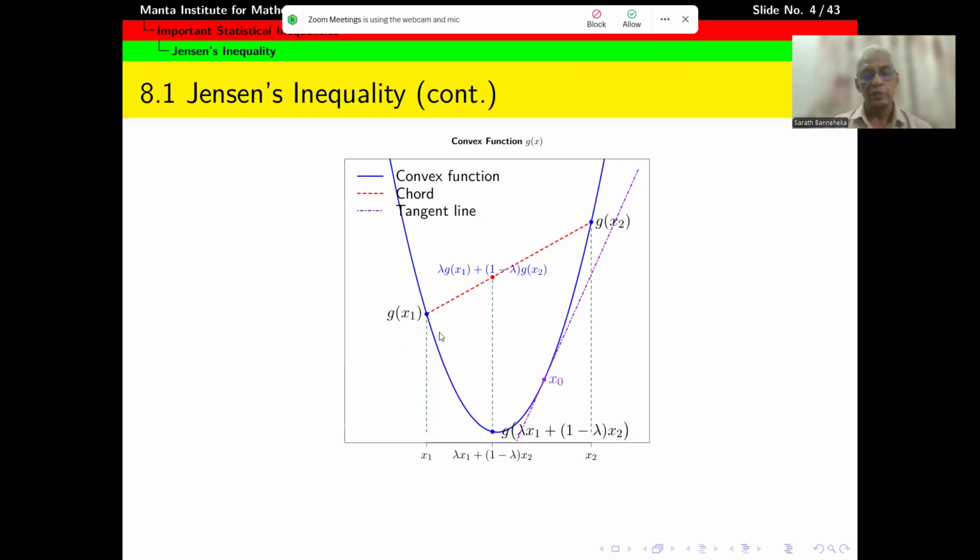If I draw a tangent at another point x1, again, you will see that the point on the graph for any x will be above or equal to the point on the tangent. So therefore, that is another way of characterizing a convex function.